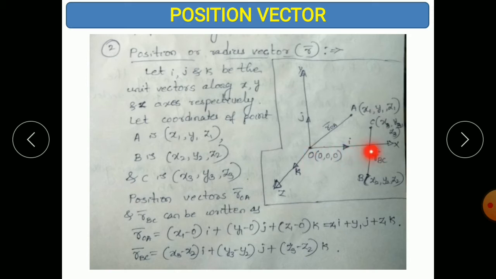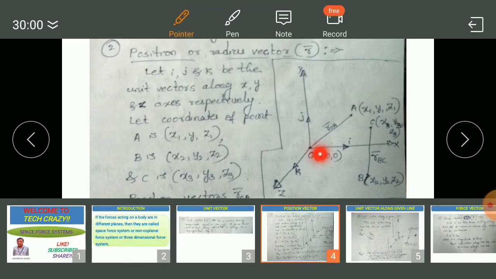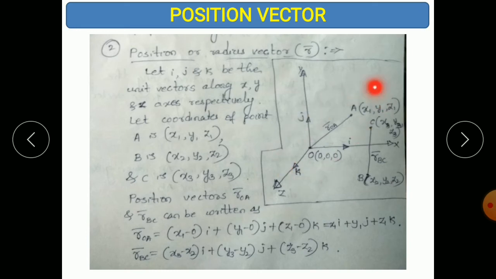Here i is the unit vector along the x axis. Next, plus y1 minus 0 into j, plus z1 minus 0 into k. Simplifying, it is x1 into i, y1 into j, z1 into k. This is called the position vector of A with respect to O, that is OA.